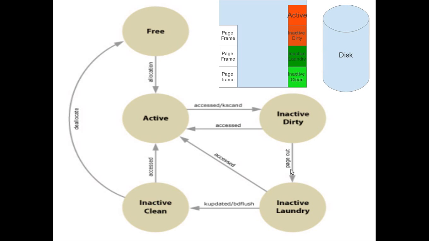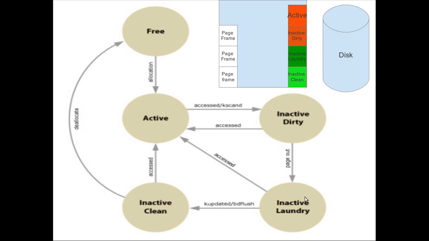Now if this page is paged out, it becomes inactive laundry, means it's now in a process where it is trying to flush the modifications to the disk, and after all the modifications for the page have been flushed to the disk, it reaches the state of inactive clean.